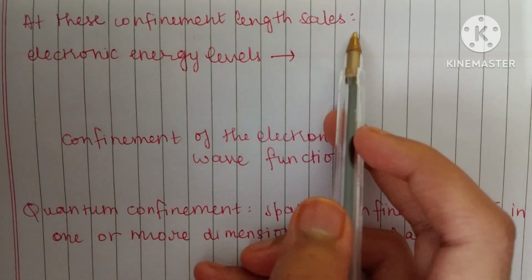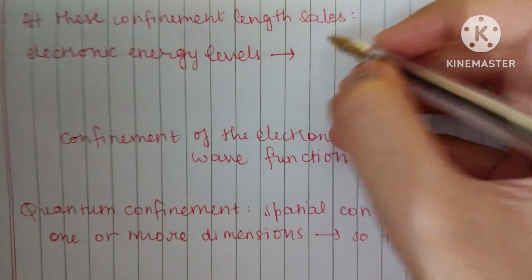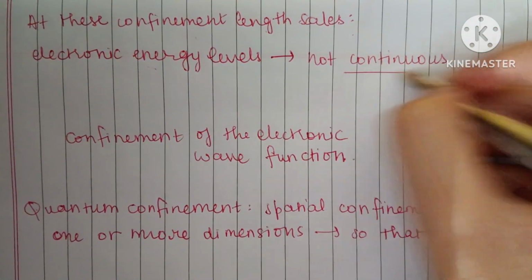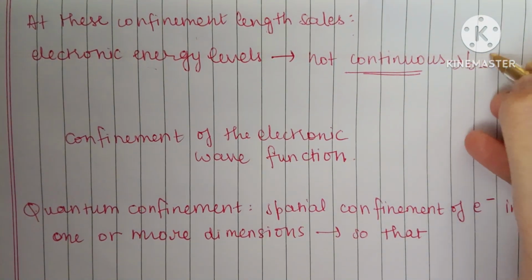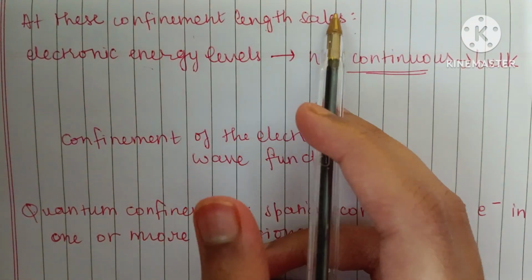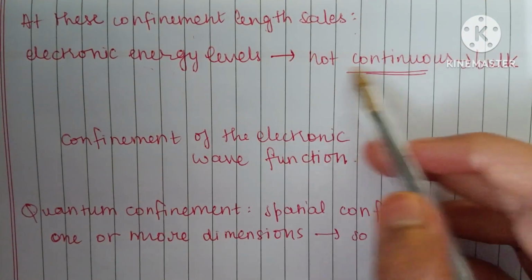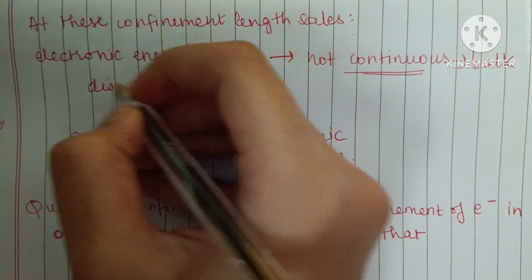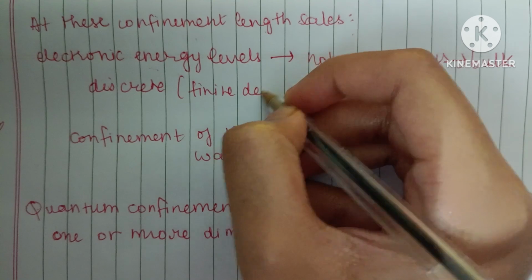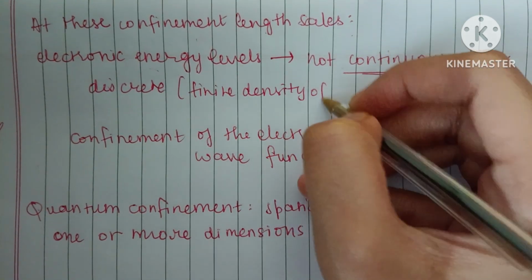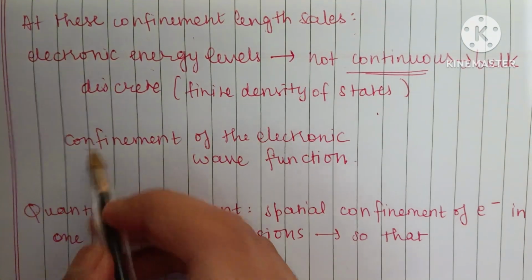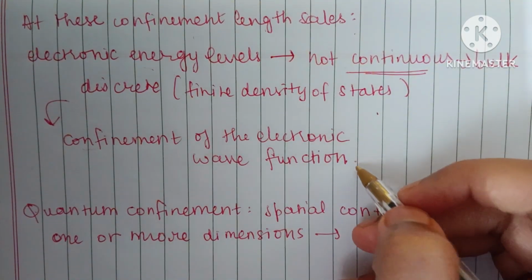At these confinement length scales, the electronic energy levels are not continuous, as in the bulk. So in bulk materials, they are continuous, but because of the confinement length scales, the electronic energy levels are not continuous and instead they are discrete. This is because of the confinement of the electronic wave function.